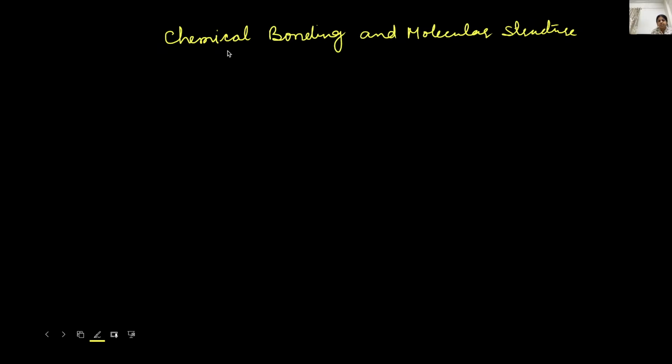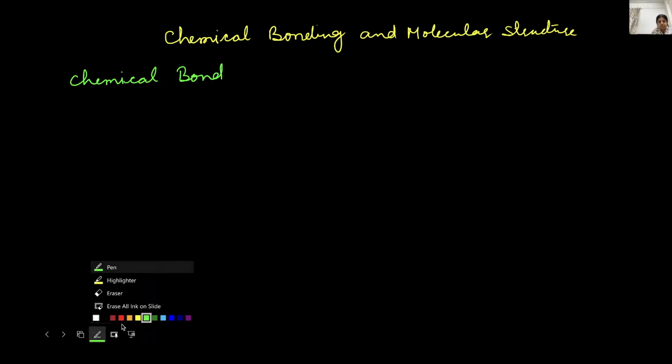First of all, students, we will start with the term called chemical bond. What do you mean by chemical bond? Let us try to understand the term chemical bond. What is chemical bond, students?